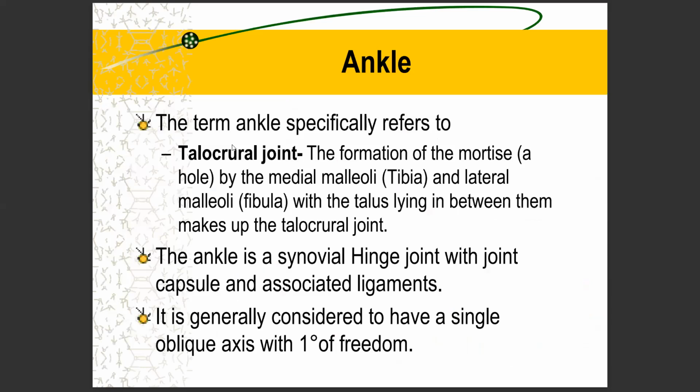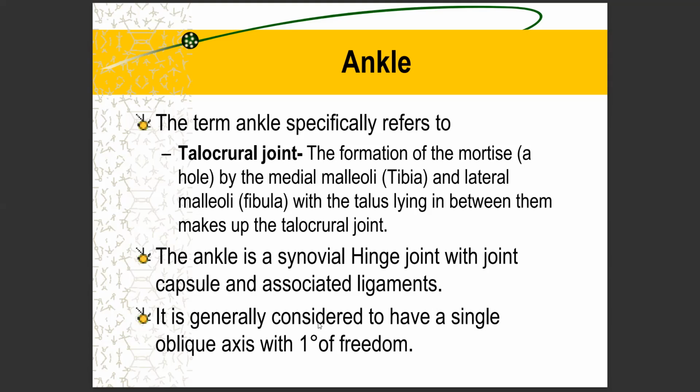So the ankle joint is also known as the talocrural joint. And this term, ankle, specifically refers to the talocrural joint, formed by the medial malleolus, which is on the tibial side, and the lateral malleolus of the fibula, with the talus lying in between them. The ankle is a synovial hinge joint with a joint capsule and associated ligaments.